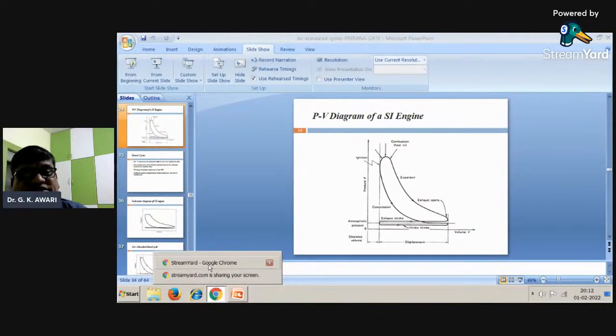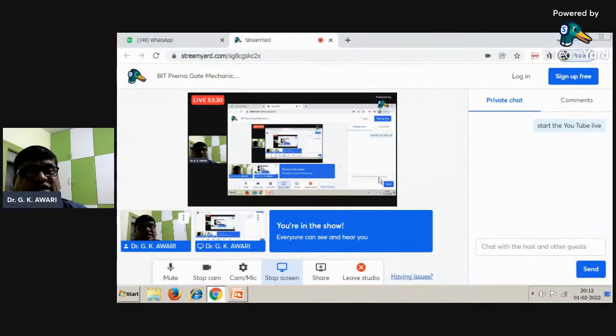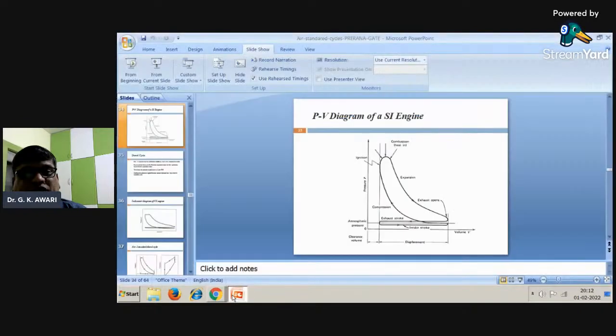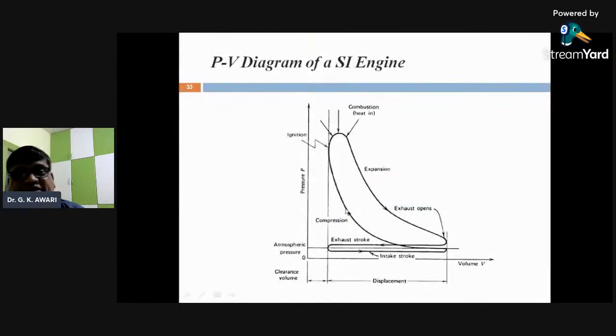So this is regarding the SI engine. Today we have covered the Otto cycle and the air standard cycle. We started from the basics of the air standard cycle, the division of thermodynamics into three basic areas, and then went into the details of the Otto cycle.